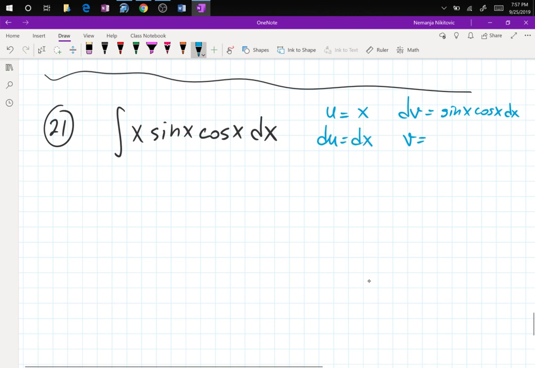Du is just dx, and this one over here we need to u sub, right? So to do the u sub, well, u is already used up, so maybe we do the g sub or something.